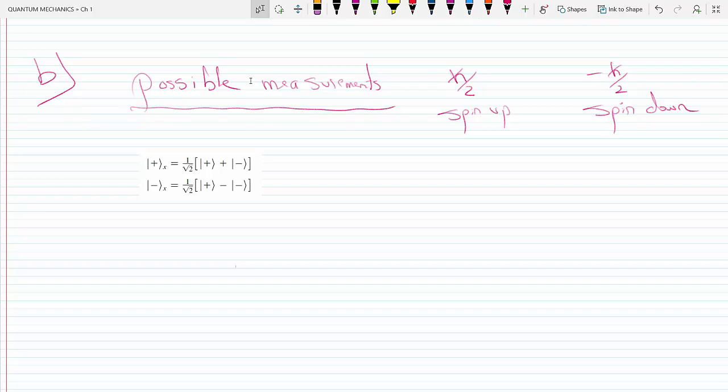In fact, for Sx and Sy, you'd have to construct the matrices from S plus and S minus, and then when you do all that inner work, you come out with these eigenspinors for Sx. We call them eigenspinors, except that here they're in the ket notation, rather than in the matrix notation, right?